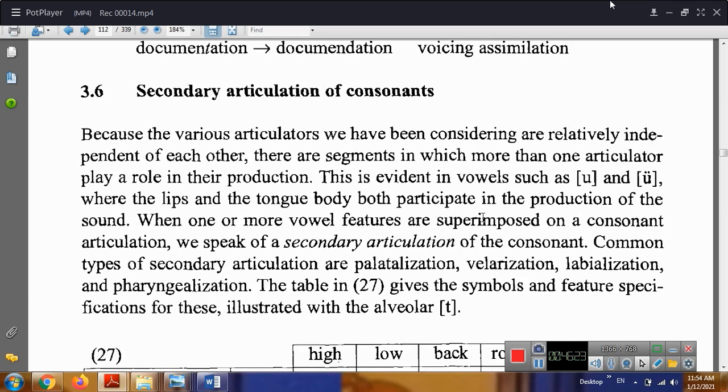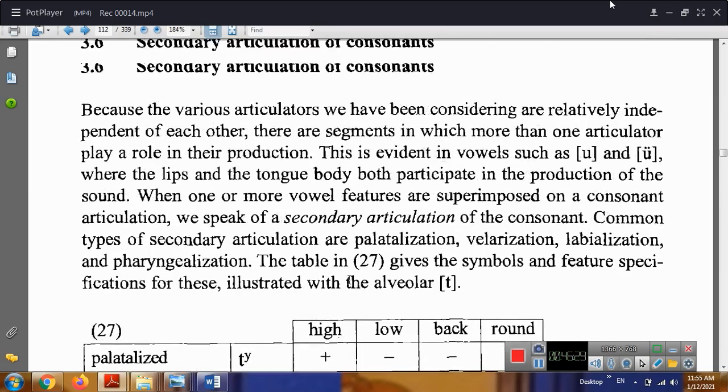Another important point is about the secondary articulation of consonants. I want to read this text and then explain this table. The various articulators, active and passive, which we have been considering are relatively independent of each other. There are segments in which more than one articulator plays a role in their production.